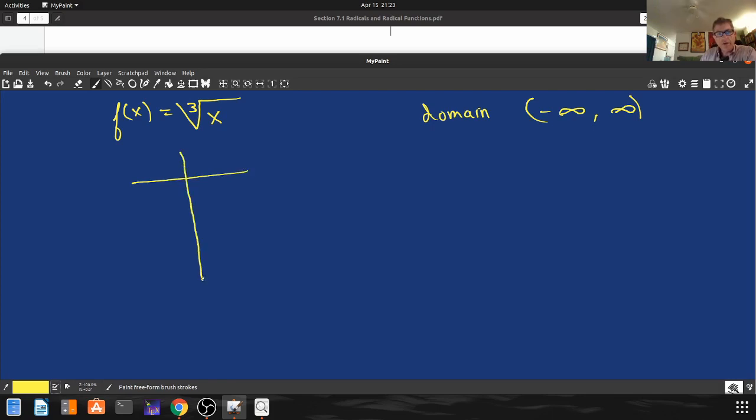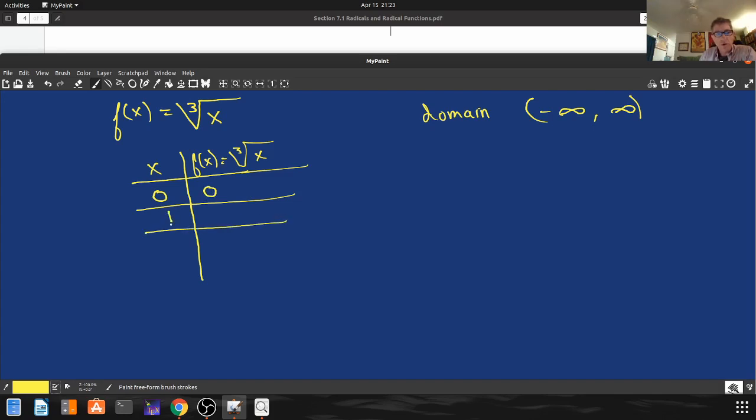So let's choose some easy values that are perfect cubes. x and f of x is equal to the cube root of x. So let's choose 0. And 0 times 0 times 0 is equal to 0. So it goes through the origin.